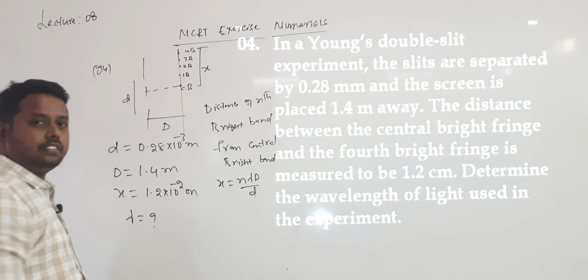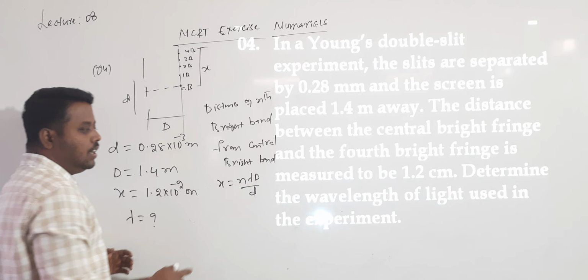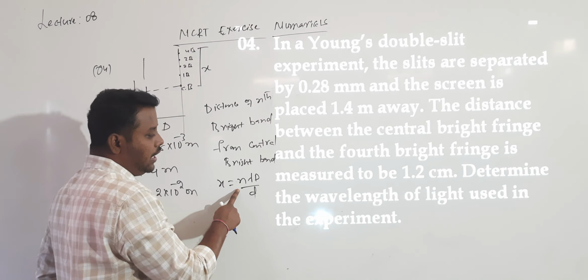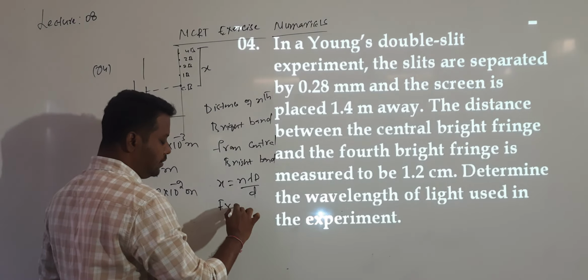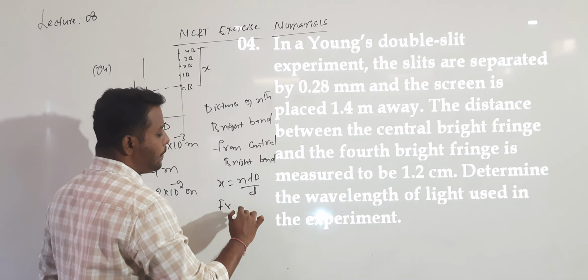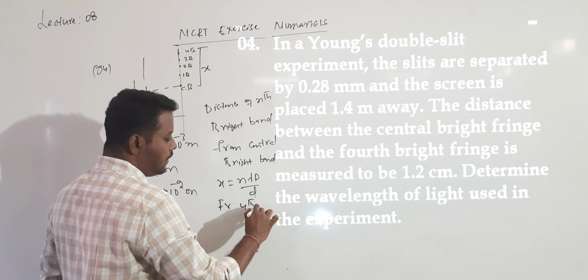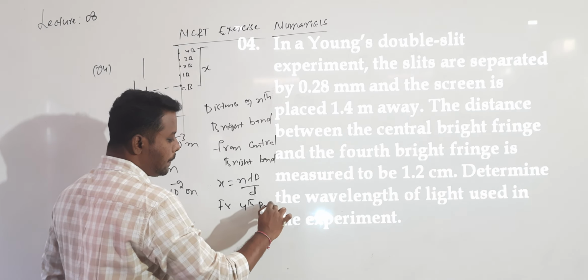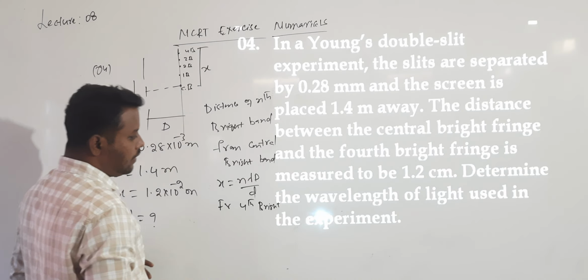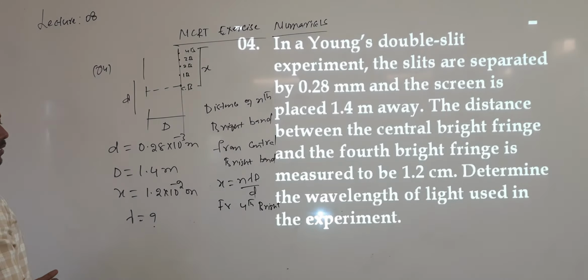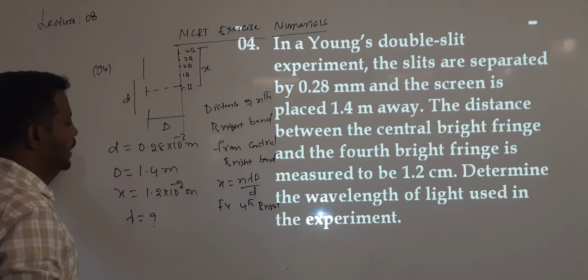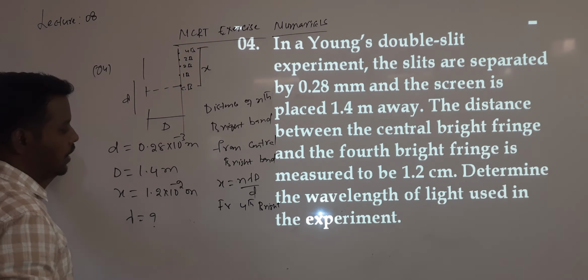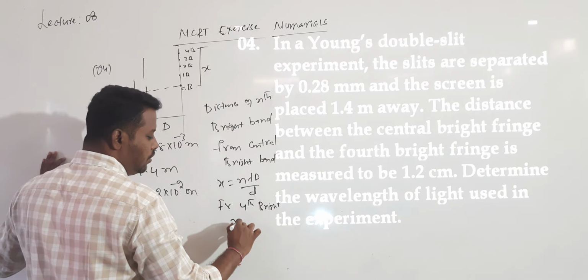We derived this in the fringe width derivation: the distance of the nth bright band is n into lambda into D divided by d. But here, for the fourth bright, n value is equal to 4.